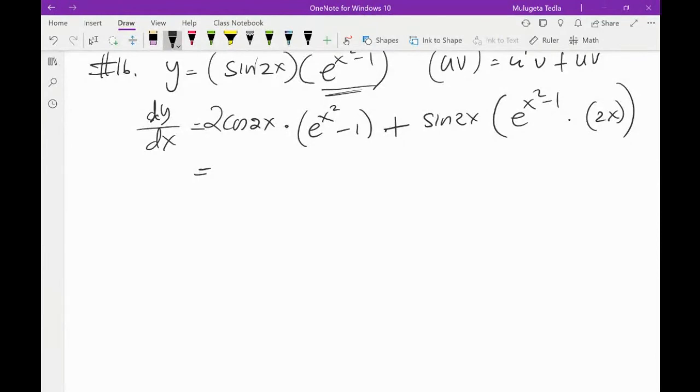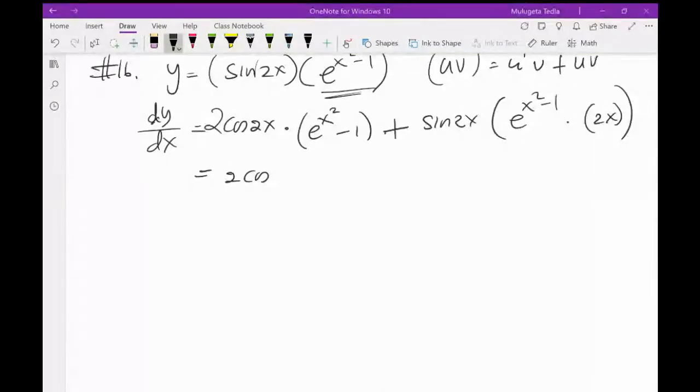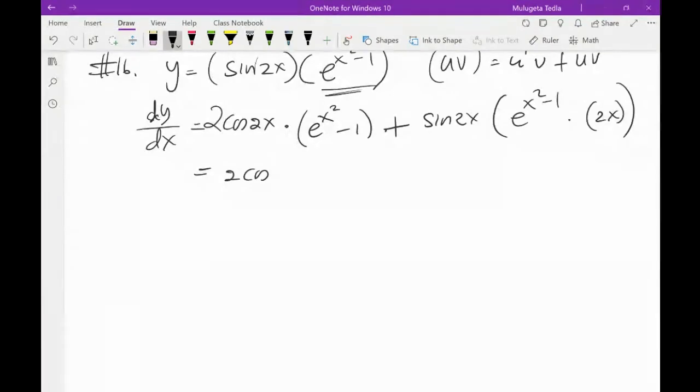So here, 2 cos of 2x. The minus 1 goes up with the exponential, x squared, yes. Okay, here it is a minus 1 right there.